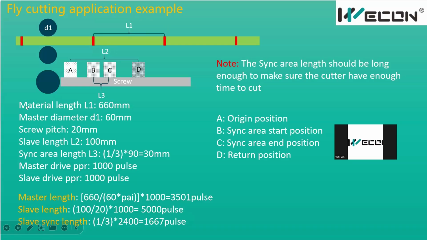So here we have three lengths. Master length is our material length. It's the same as the rotary cutting. And for example here, the stroke is 20 mm. It means when our slave rotates one round, our cutter will go forward 20 mm.